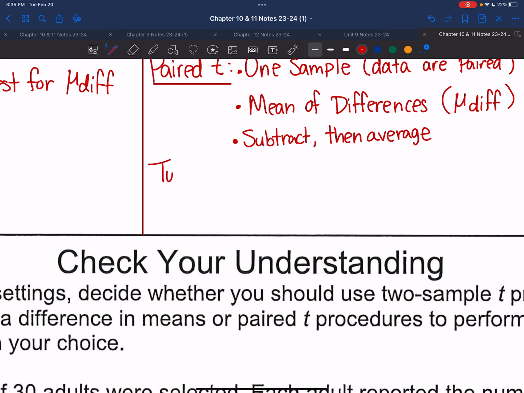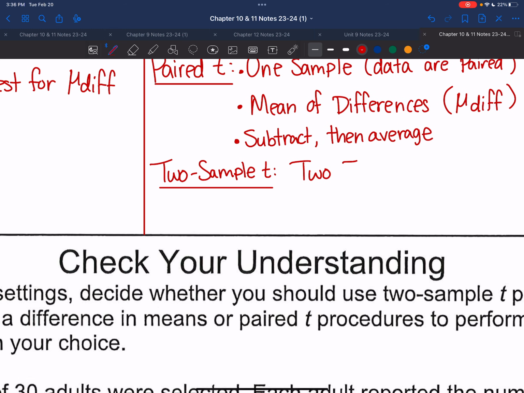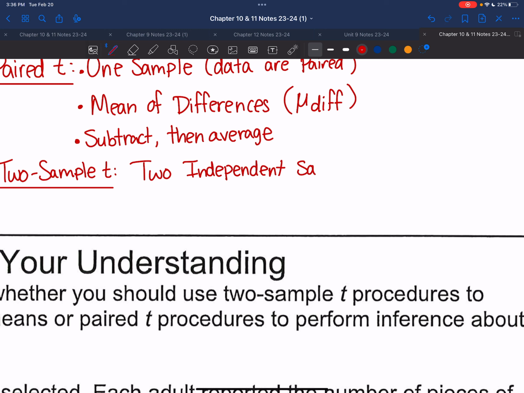For two sample, there are two independent samples or groups.